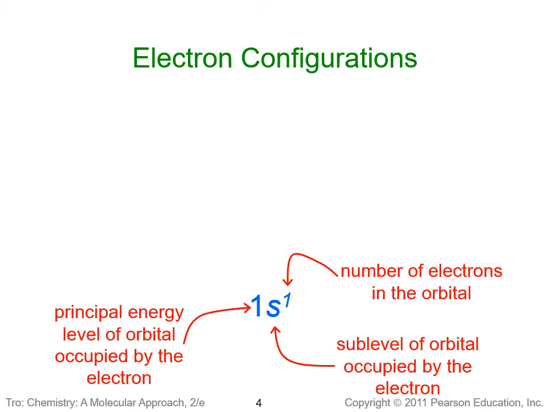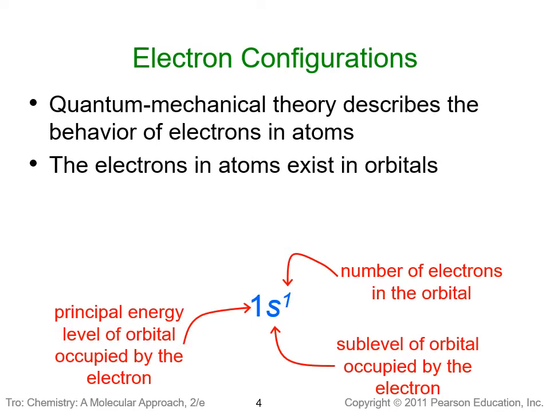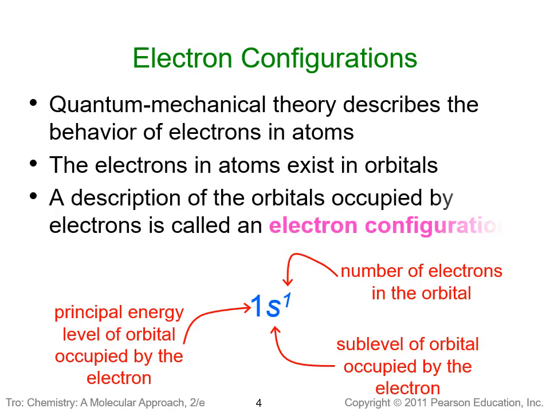We describe where these electrons are found using an electron configuration. This is like an address that tells us where the electrons are in an atom. It's important because it helps to describe the behavior of the different atoms and also predicts properties that they have.